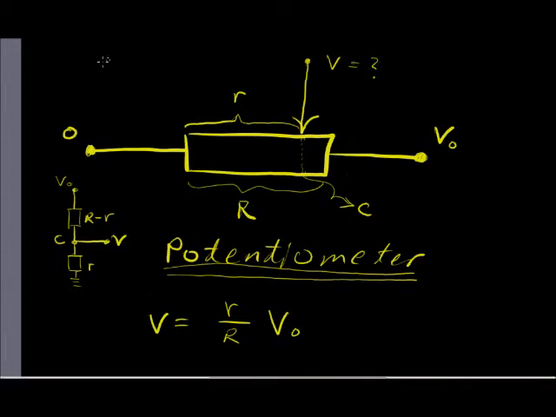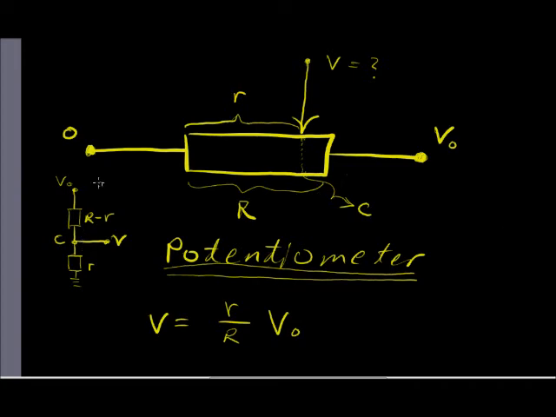A potentiometer with this configuration can be described by the circuit like this diagram here. So we can describe the intersection of the output terminal with the resistor to be at point C, which we can see as a separation point for two different resistors with r ohm and capital R minus r ohm.